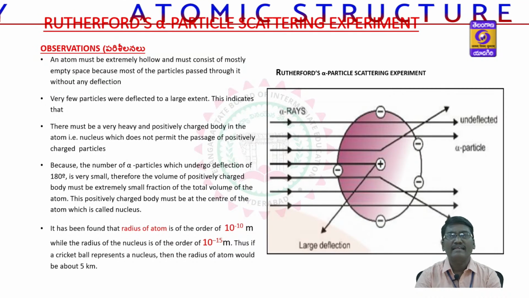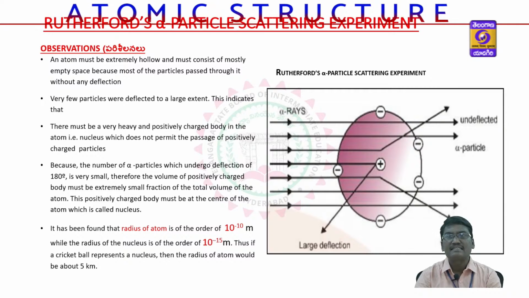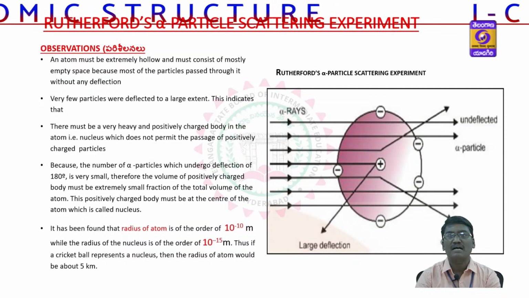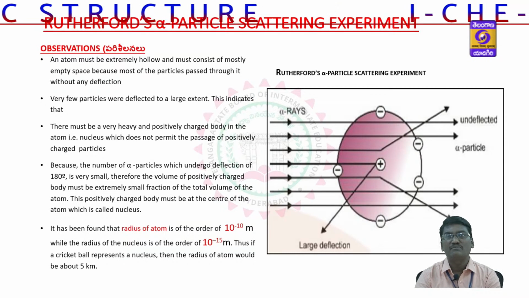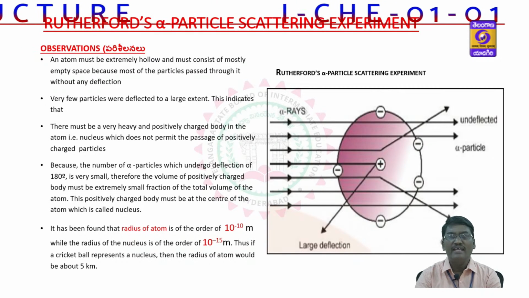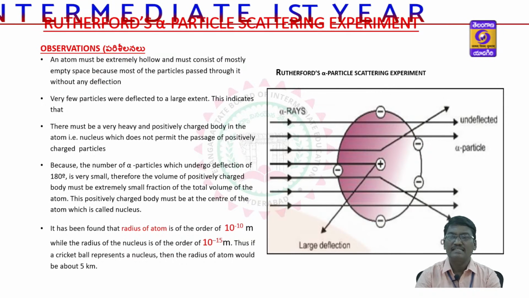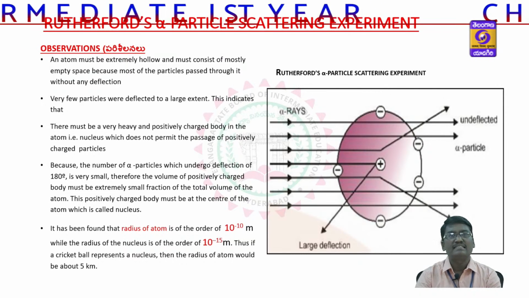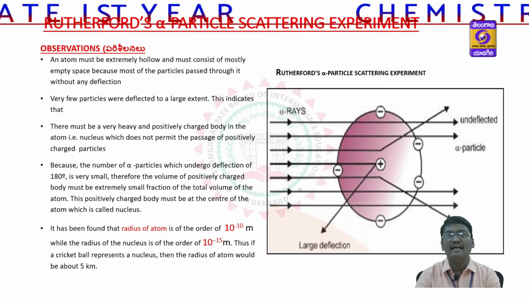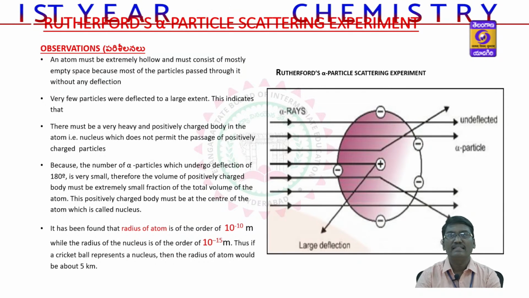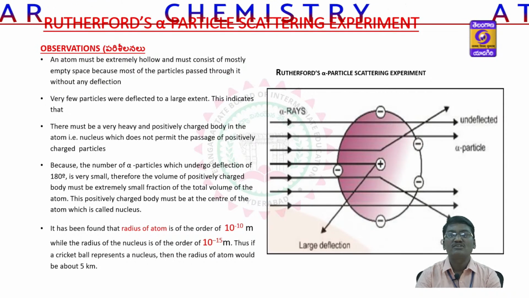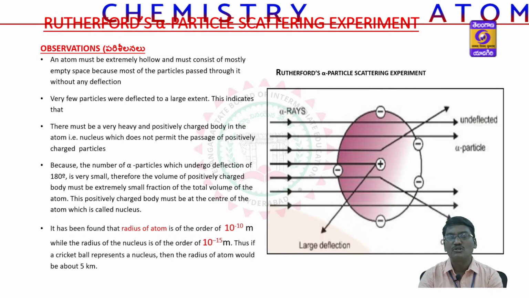The atom must be extremely hollow, because 99% of the alpha particles passed through it. The empty space is much more, and most particles passed without deviation. Very few particles are deflected to a large extent. This indicates there must be a very heavy, positively charged body in the middle of the atom, the nucleus, which does not permit the passage of positively charged particles.